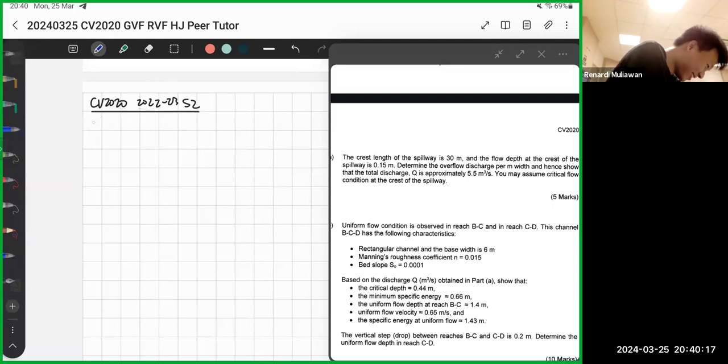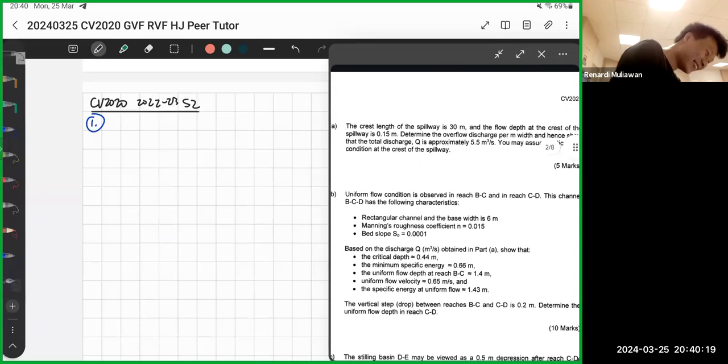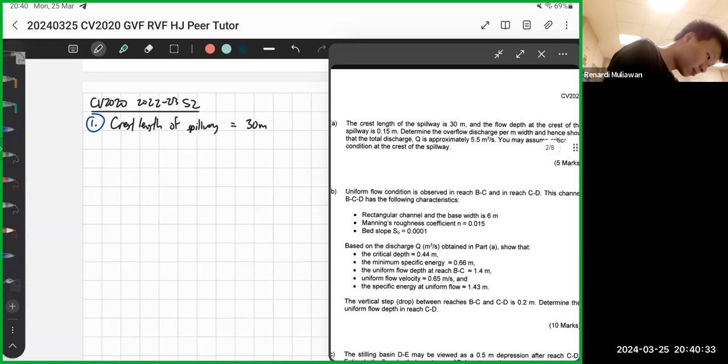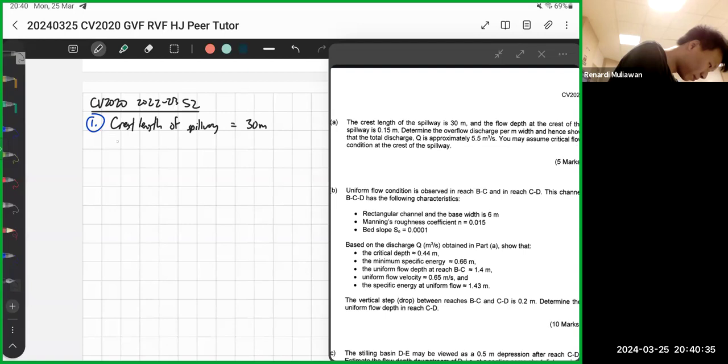Now you're given the crest length of the spillway is 30 meters. The flow depth at the crest is 0.15 meters.